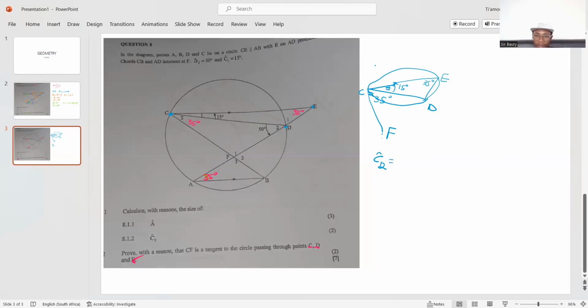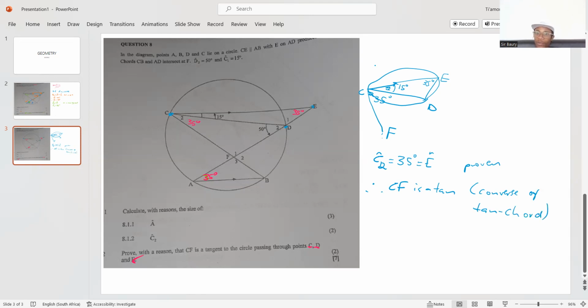C2 is equal to 35. Also equal to what? E, right? This is proven. Therefore, we can conclude that CF is a tangent. My reason is the converse of tan chord.